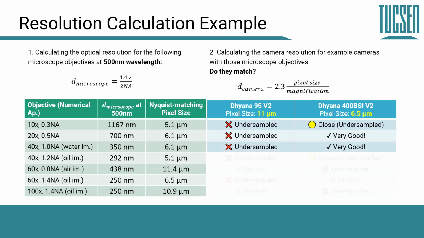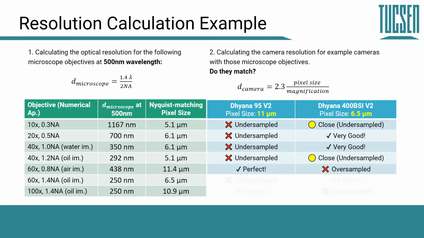As we look through different objectives, we can see that for many of them, the smaller pixel matches very nicely, or is just a little bit undersampled, whereas the larger pixel is way undersampled. But as numerical apertures and magnifications start to get higher, larger pixels start to come into their own.